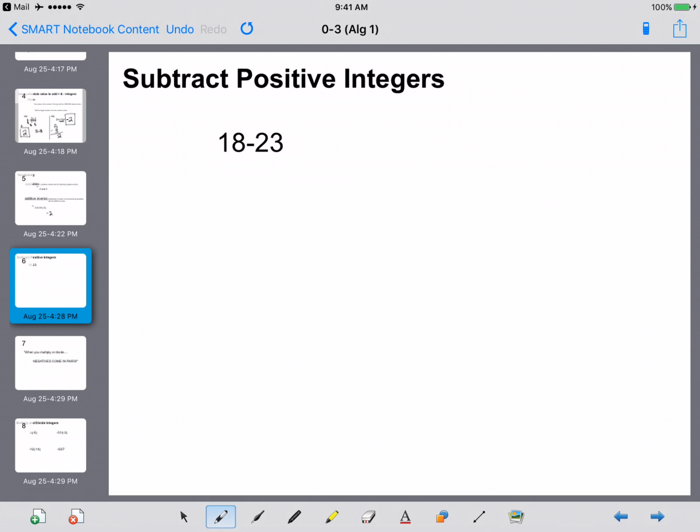So we're going to try that out here. We want to subtract positive integers. 18 minus 23. We just learned about our additive inverse. So 18 minus 23 is the same thing as 18 plus negative 23. The absolute value that is greater between 18 and negative 23 is 23.